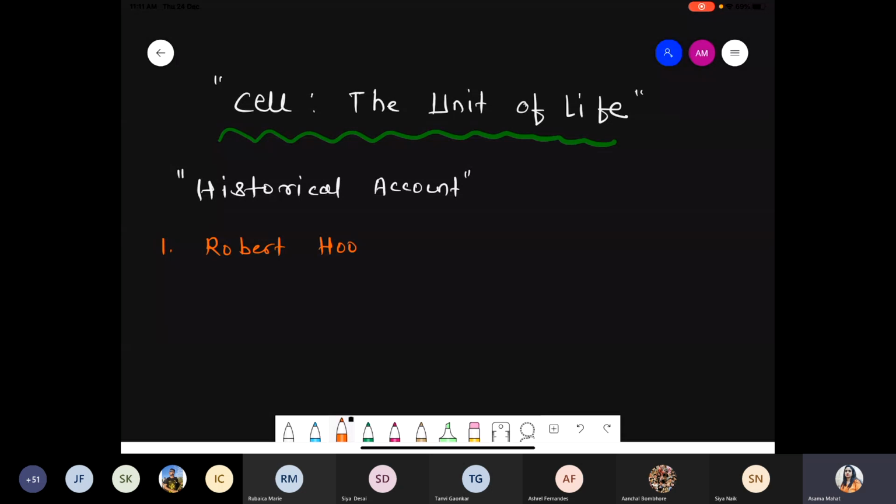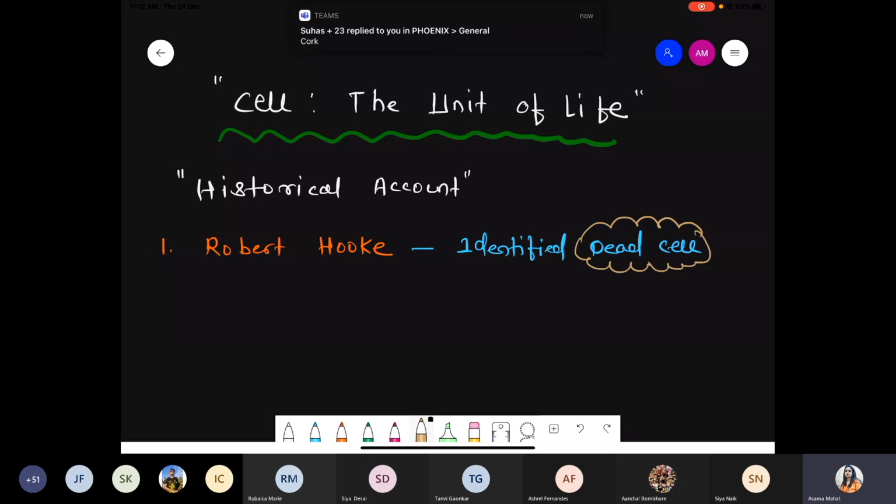Okay. So first of all, we are talking about the first scientist, that is scientist Robert Hooke. Scientist Robert Hooke first time identified dead cell, not living cell, okay? You know very well, he collected glasses and placed them in a series, and after that he observed the cork cell.